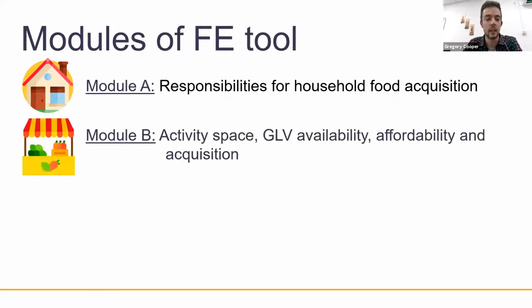The next module then tries to define the activity space that the household interacts with when they go about their daily routines, and then to understand the availability and the affordability of green leafy vegetables, in this example, within their activity space.